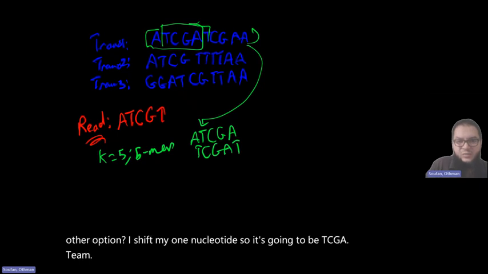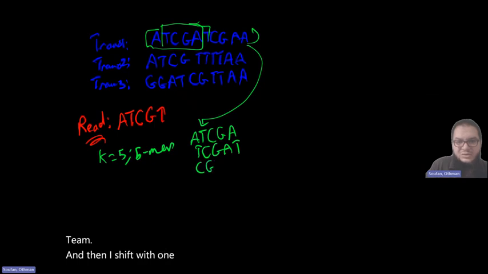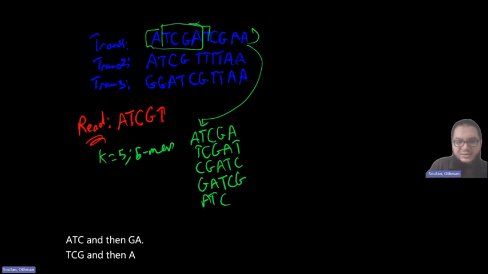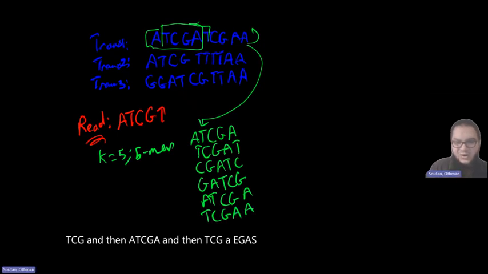And then I shift with another one, CGATC, and then GATCG, and then ATCGA, and then TCGAA. I guess those are all the k-mers.